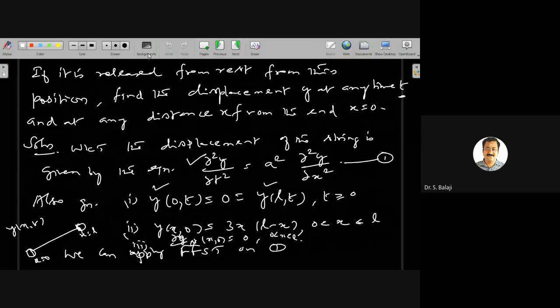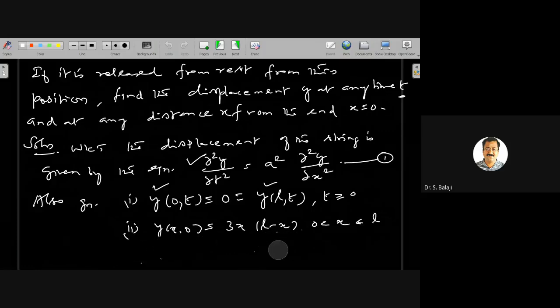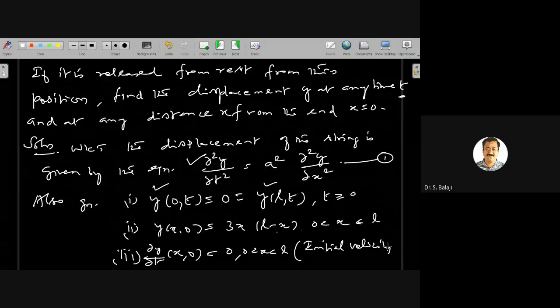We have to include one more condition, the third one: dou y by dou t at t equal to 0, the initial velocity, is equal to 0 for 0 less than x less than L. It is the initial velocity of this string.